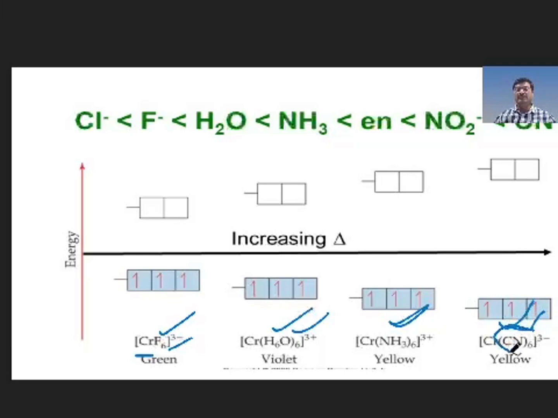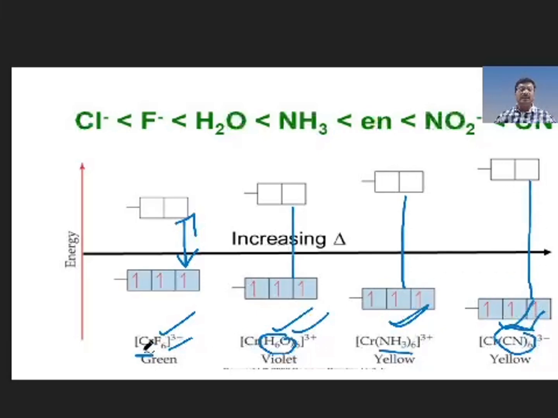That is, cyanide is the strongest field ligand compared to the remaining three. When fluoride is attached to chromium, the delta value is smaller because it is a weak field ligand. That's why the energy difference between these two orbitals is less. When water is attached, the delta value is a little more compared to fluoride. Similarly, ammonia gives more energy and cyanide gives even more.